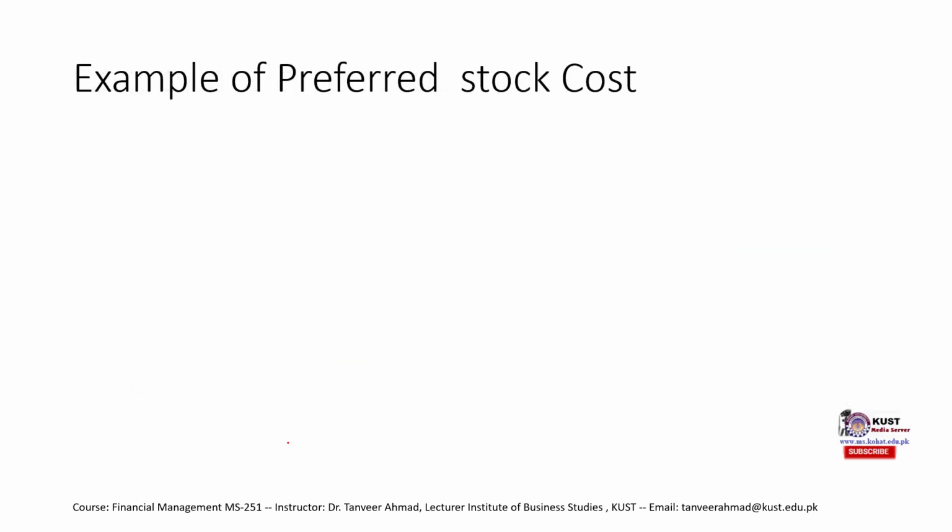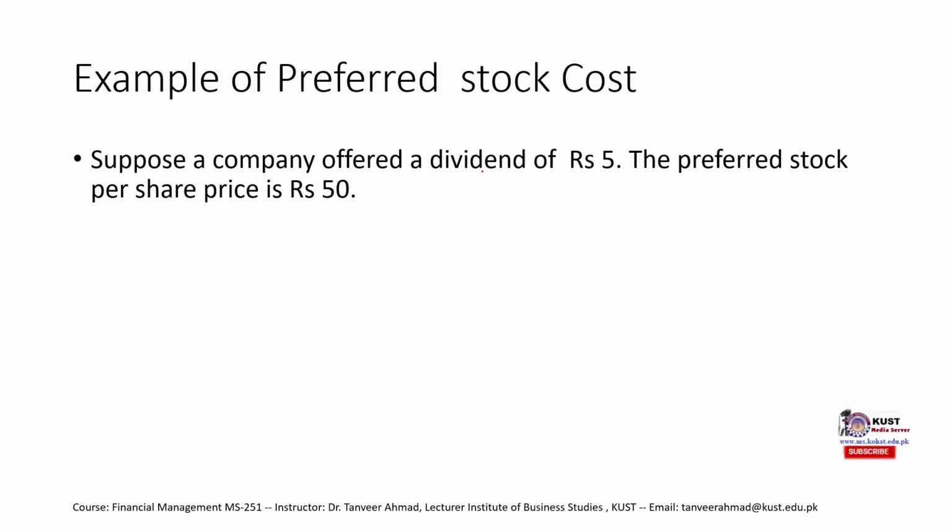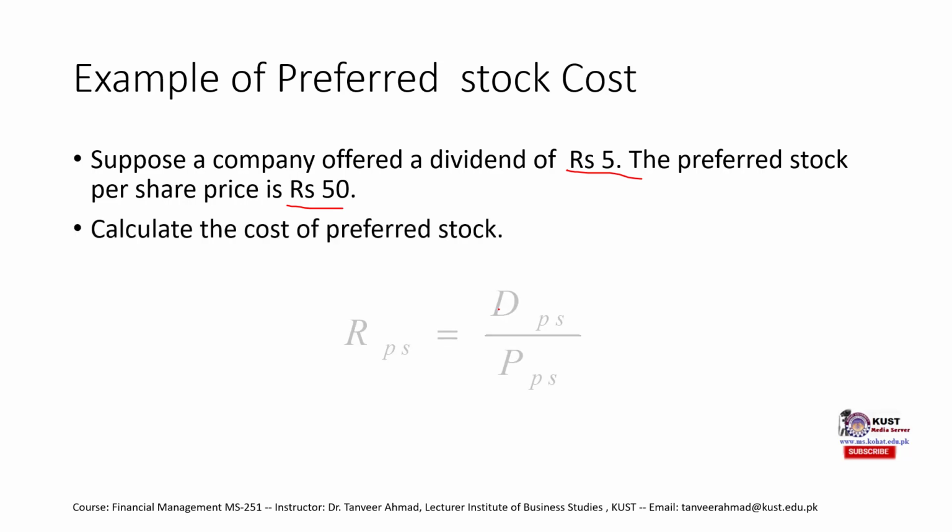Let's move towards the example. Suppose a company offers a dividend of 5 rupees per share. The preferred stock costs 50 rupees per share. We need to find the cost of preferred stock. The formula is cost of preferred stock is equal to dividend divided by the price of preferred stock.